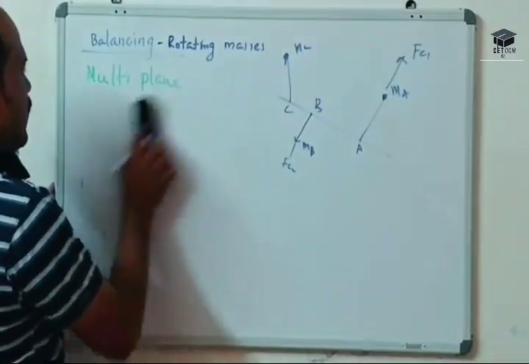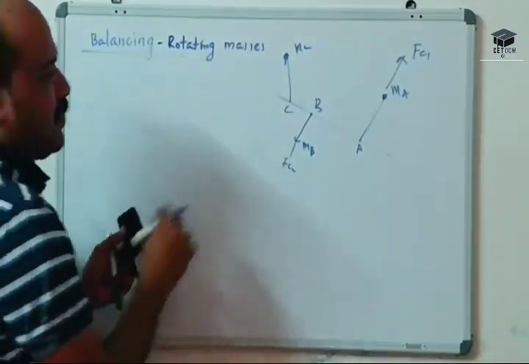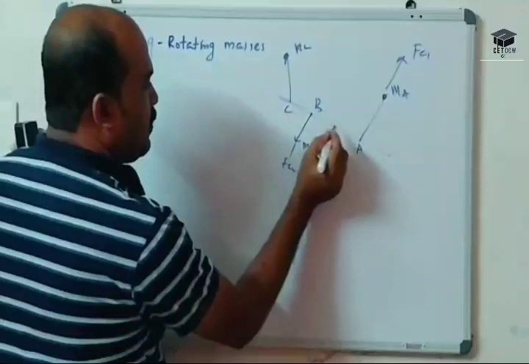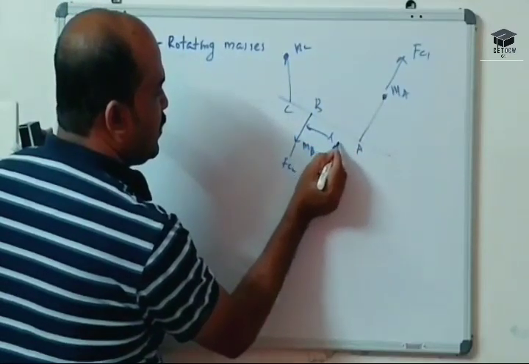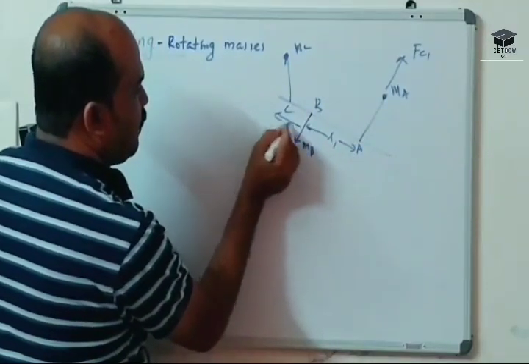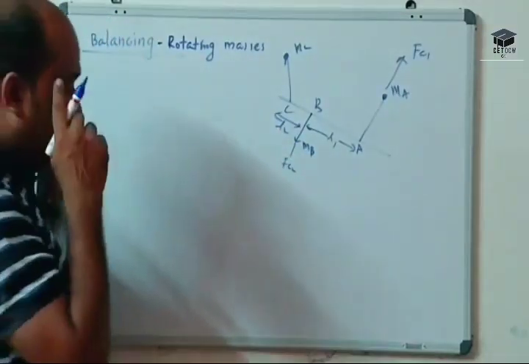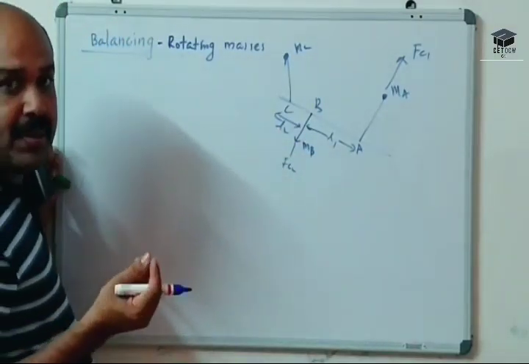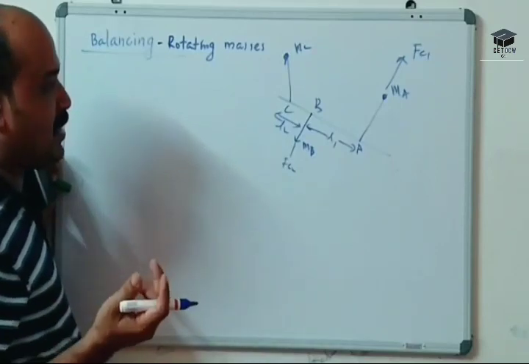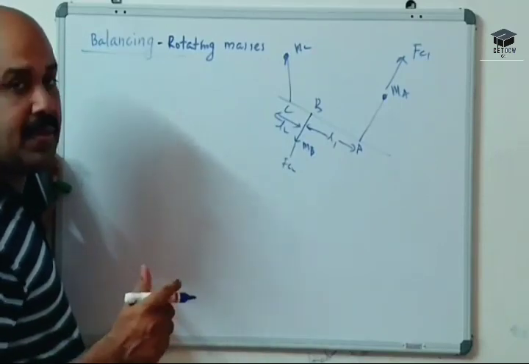Now, if there are many planes which are separated by distance, suppose this is L1 and this is L2. Even if the force is balanced, it is not a sufficient condition for equilibrium.